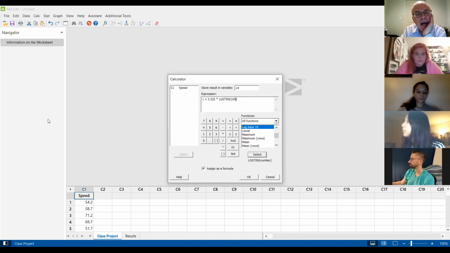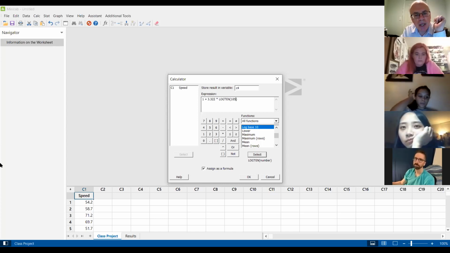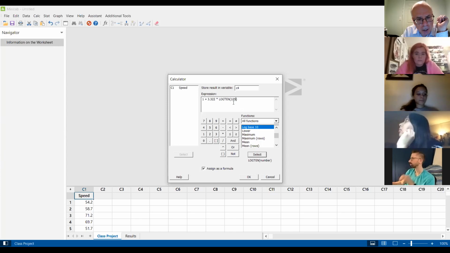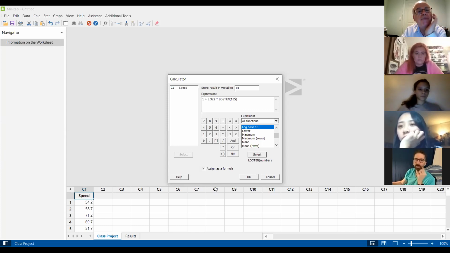Now, we always want to assign it as a formula. Check this box here, assign as formula. That way, if you ever want to make a change and use the same spreadsheet, it'll automatically recalculate this whole formula.